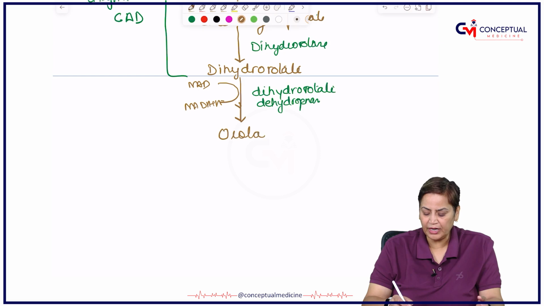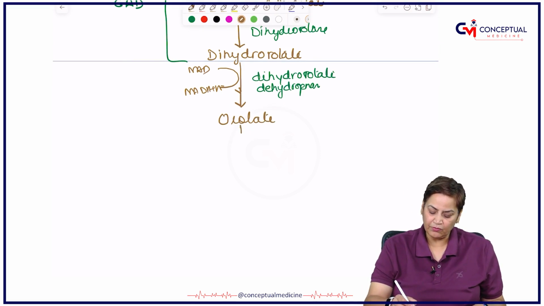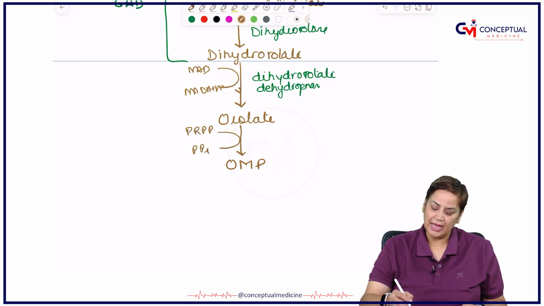Once orotate is produced, it will undergo phosphoribosyl transfer forming OMP, with the same reaction, PRPP to PPi, and the enzyme is orotate phosphoribosyl transferase.